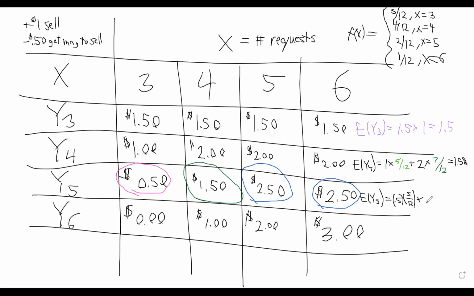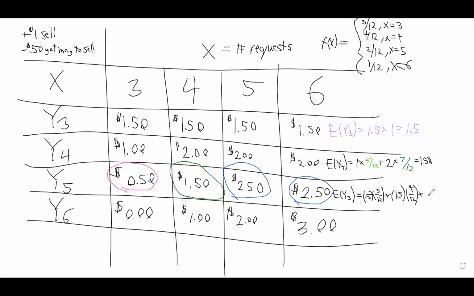Plus, well, another possible value is 1.5. And so what is the probability that y sub 5 is 1.5? It's probably x equals 4, which is 4/12. You can see that from the PDF above. That's 4/12. And then plus, the other possible value is 2.5. And it's 2.5 when x is 5 or 6.